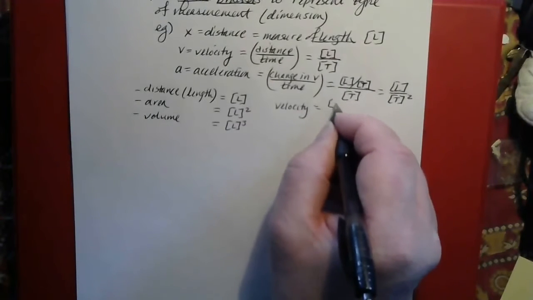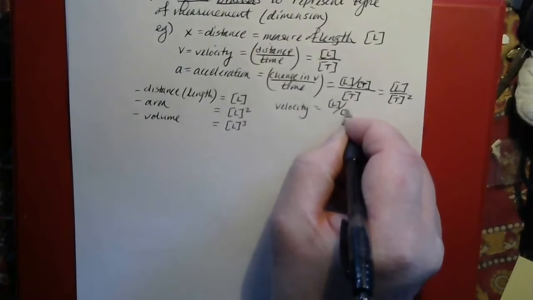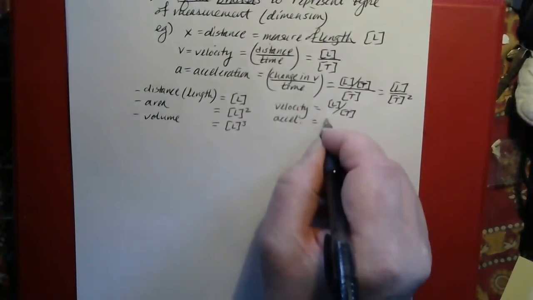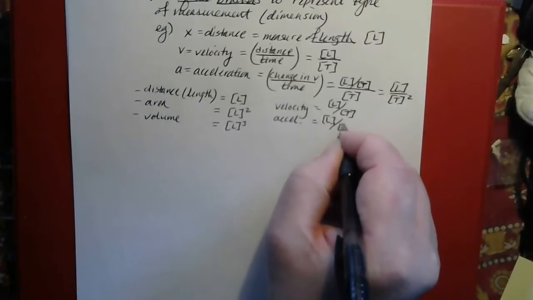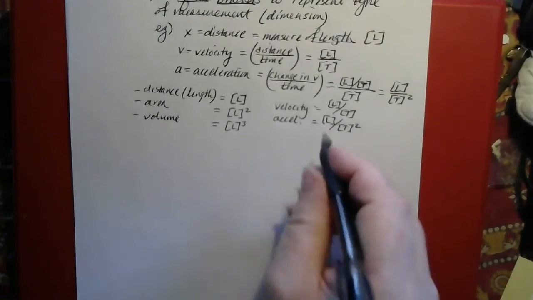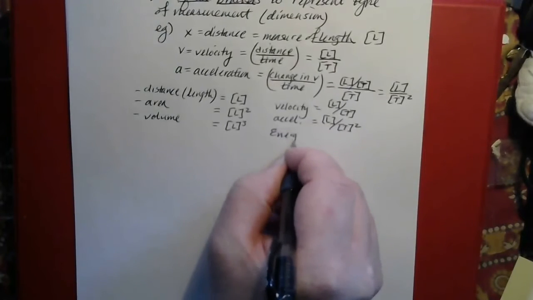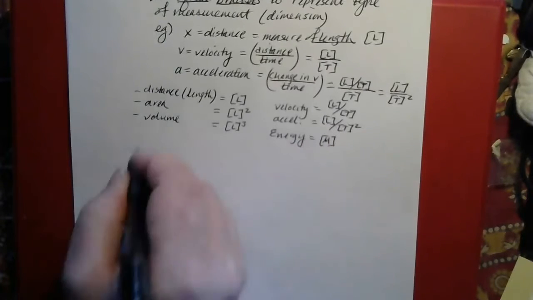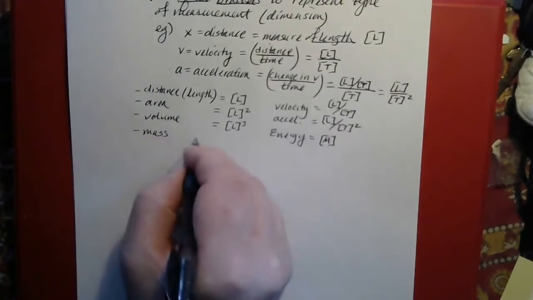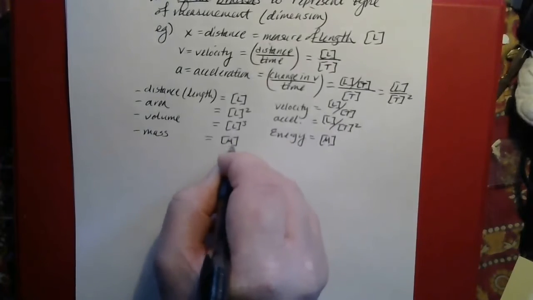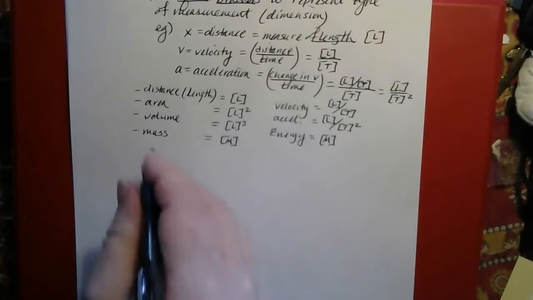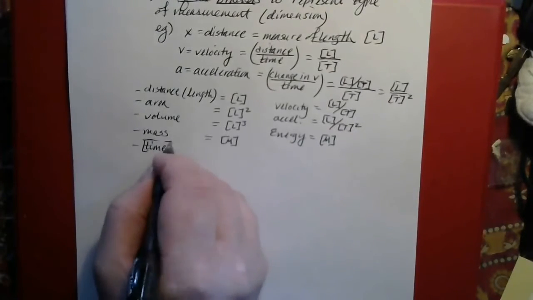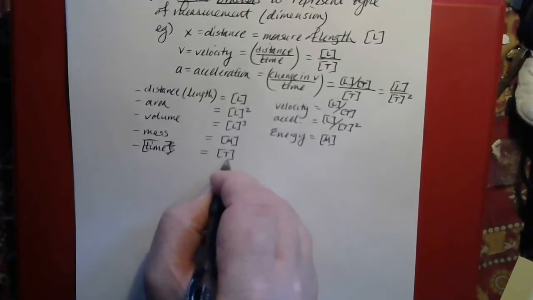Velocity would be L over T. Acceleration would be L over T squared. And energy would be, oh yeah, and I forgot to mention, mass is M in square brackets, and time is T in square brackets.